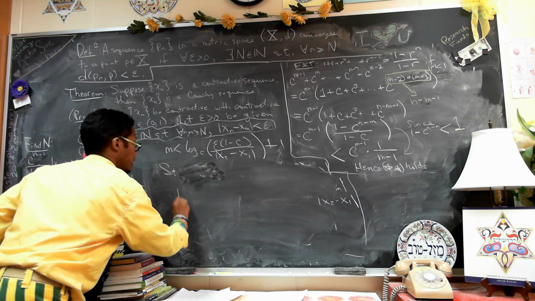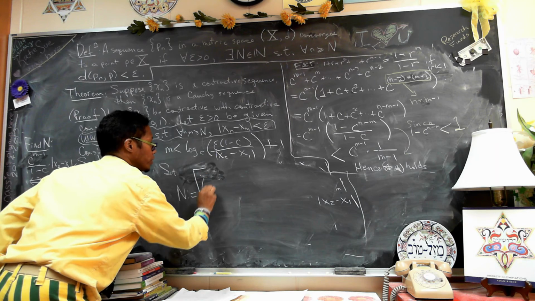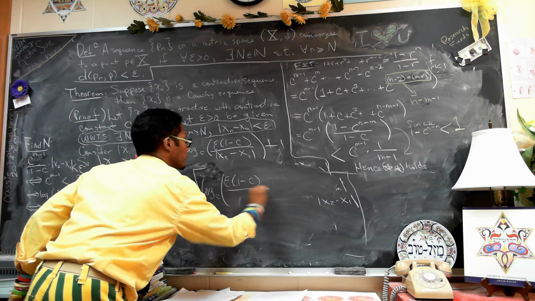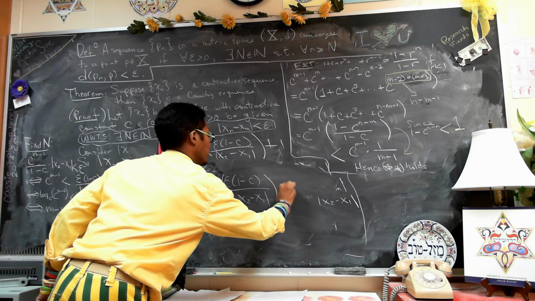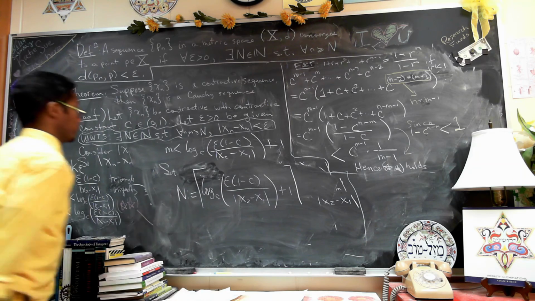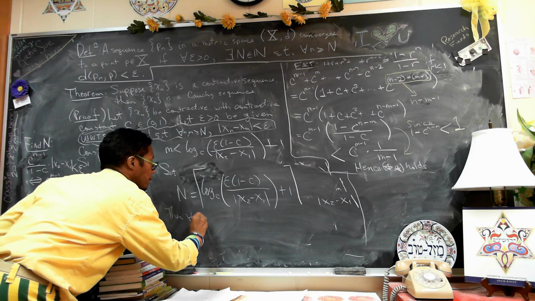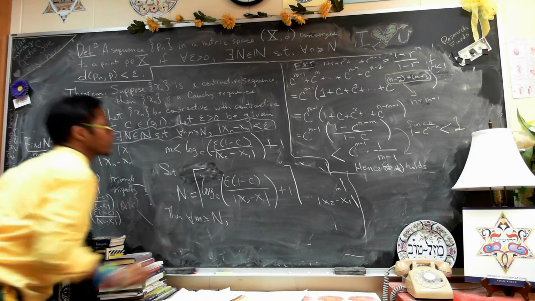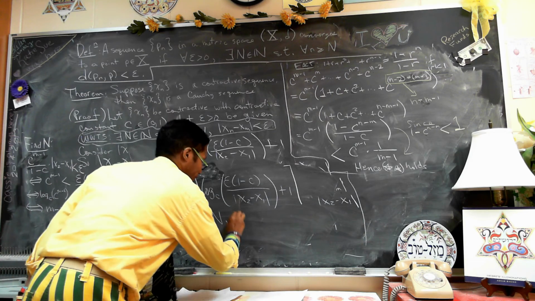So if I set N to be equal to the greatest integer function of log base c of epsilon times 1 minus c over absolute x sub 2 minus x sub 1, plus 1, then for all m bigger than or equal to this capital N, the claim that I erased holds.